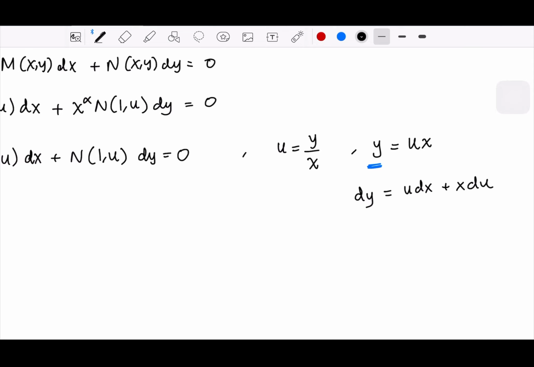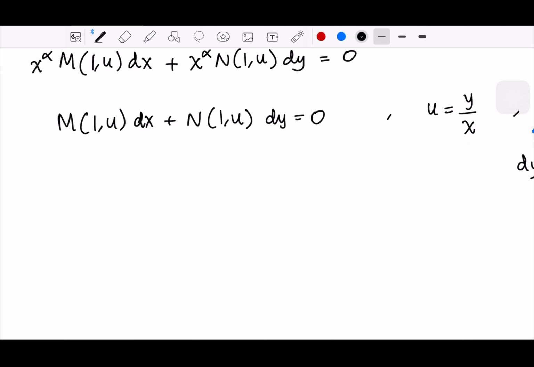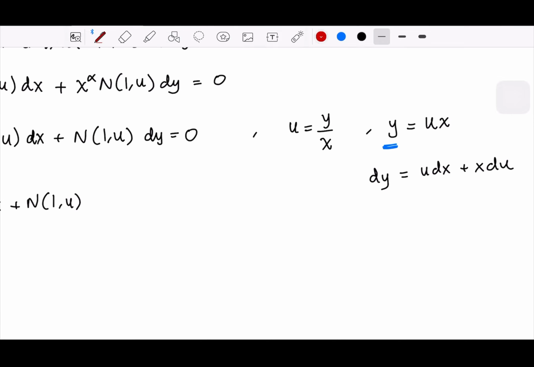Okay, that's the idea. Now this becomes M(1,u) dx plus N(1,u) dy. I will change dy to this, so let me put u dx plus x du equal to 0.